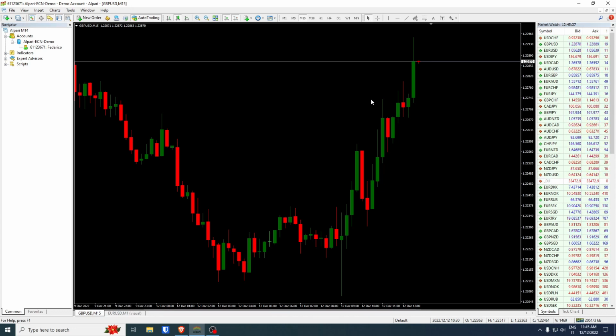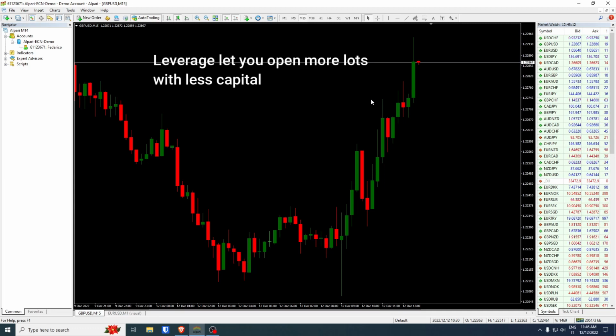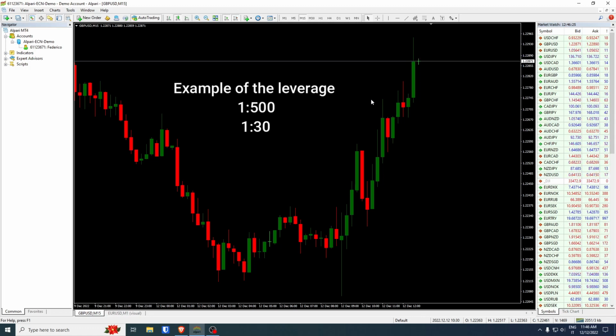Okay, so now we know what is a point, what is a pip. Lots are essentially how much money you want to move for every point of the market. The leverage essentially gives you the opportunity of opening more lots with an order with less capital. Really simple, you don't really have to understand the technical terms.